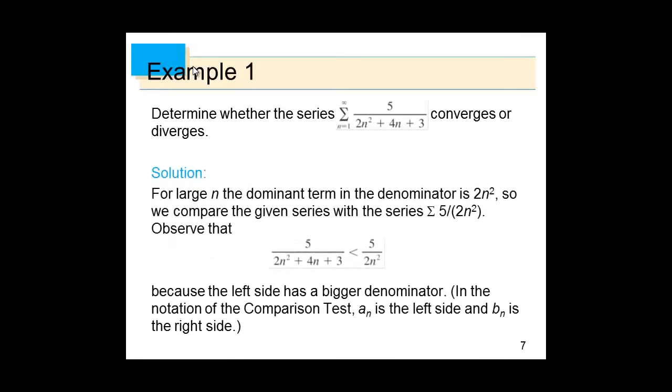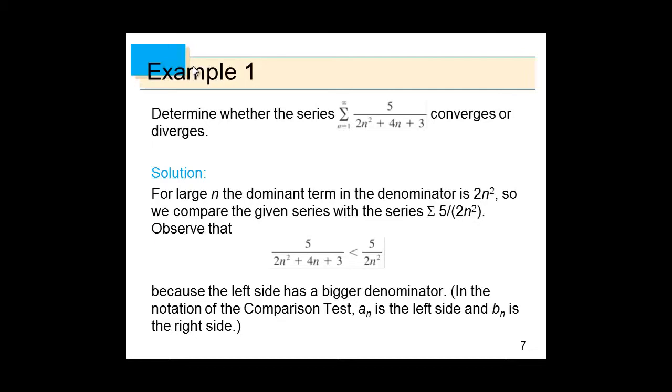So let's do that. First of all, is this inequality correct? The nth term of my series, is it smaller than 5 over 2n squared? Why is that? Obviously, the denominator on the left is bigger, right?